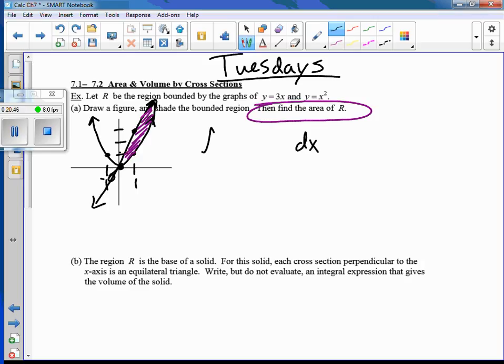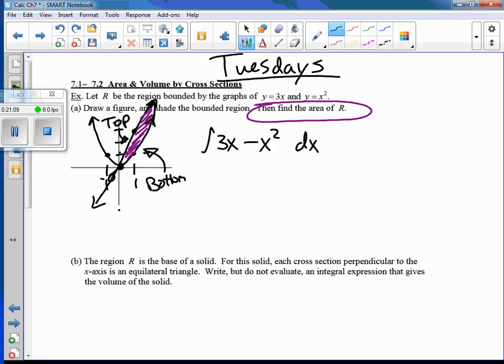So let's go ahead and do it. Since I'm doing it with respect to x, remember that you do top minus bottom. So what's on top? In this shaded region, it's that linear equation right there, which is 3x. Then I'm going to subtract the bottom equation. So the bottom is going to be this function, y equals x squared. So that'll be this. And now we need to find the boundaries.